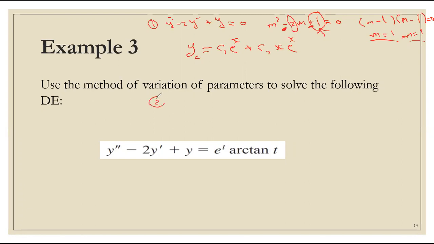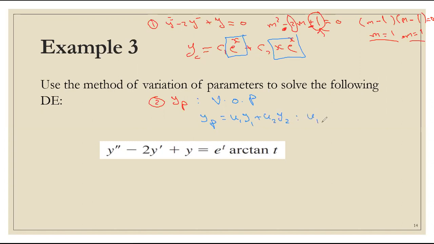Second step, I'm going to write it here, is to find yp. Because you have 2 solutions for the homogeneous equation, you can use the variation of parameters and let yp equal u1 y1 plus u2 y2.